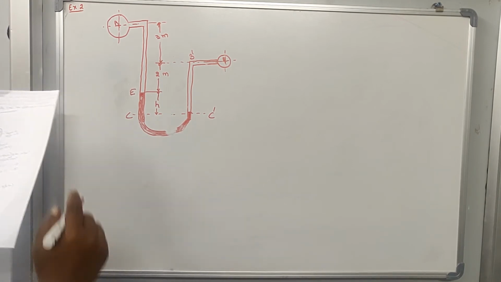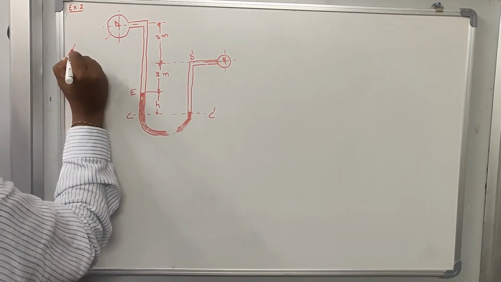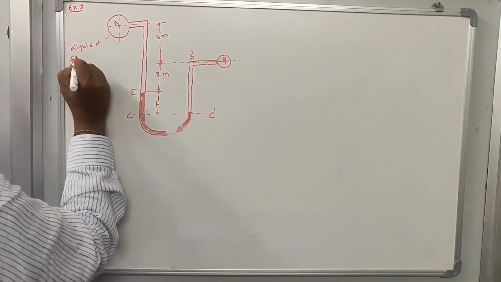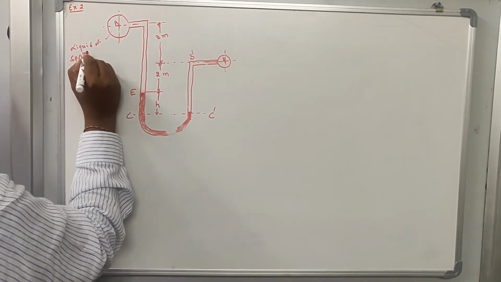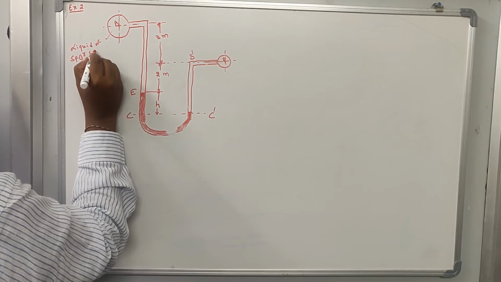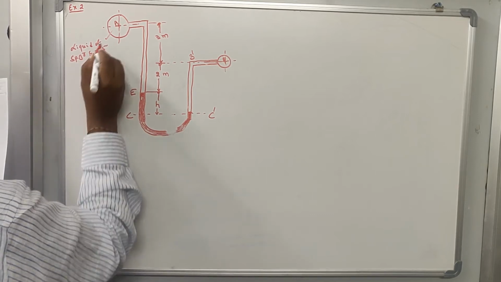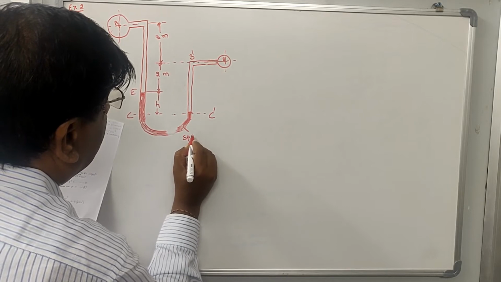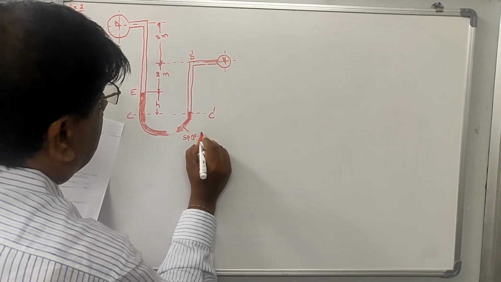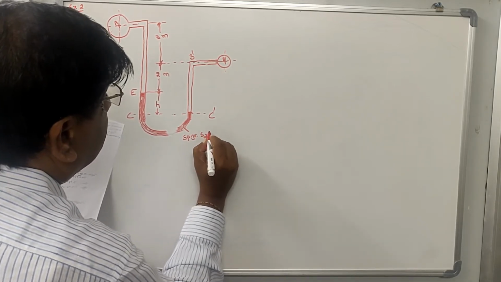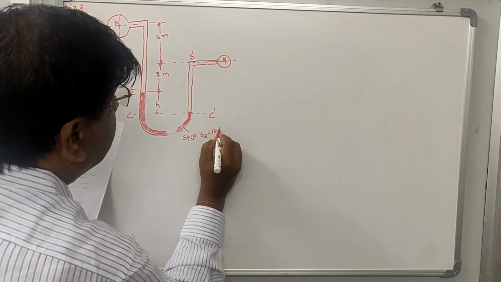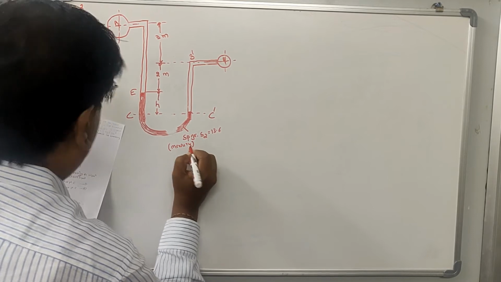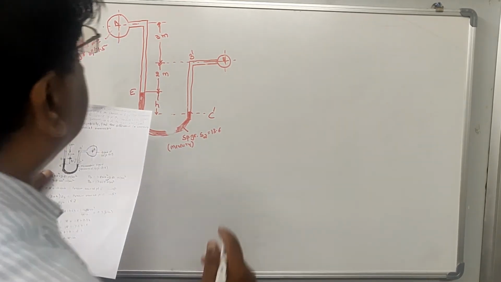So in this liquid, you can take the specific gravity S1 is equal to 1.5. This is specific gravity S2, that is 13.6. This is mercury, 13.6.